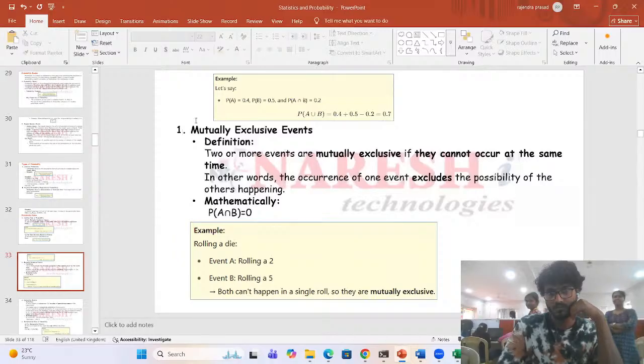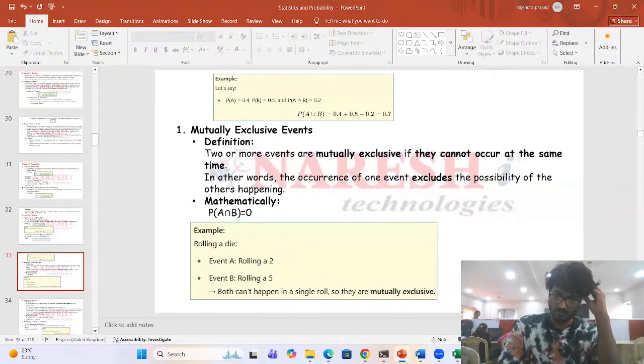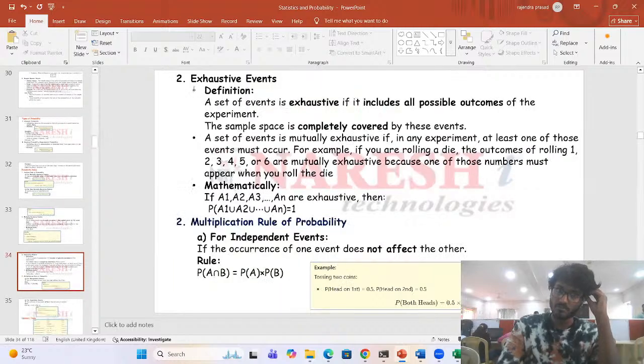Independent and dependent, we'll see. I already explained what is mutually exclusive. Same thing I mentioned here as an example. Two or more events are mutually exclusive if they cannot occur at the same time.